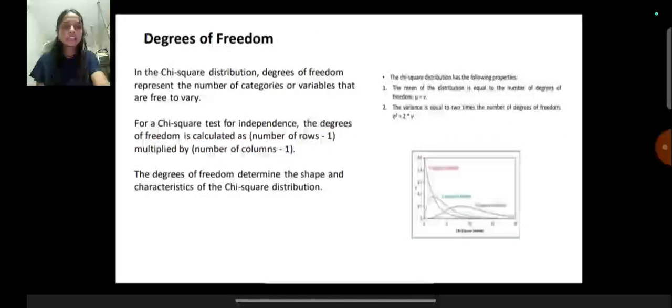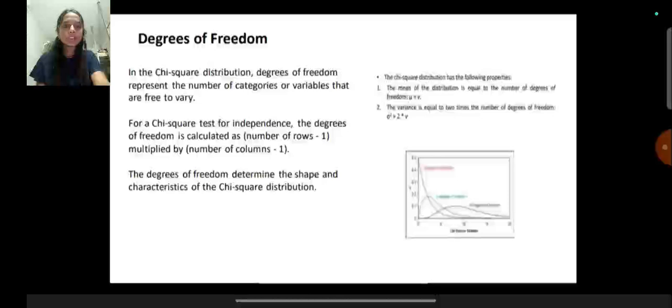And next, degrees of freedom. In the chi-square distribution, degrees of freedom represents the number of categories or variables that are free to vary. For a chi-square test for independence, the degrees of freedom is calculated as number of rows multiplied by number of columns.